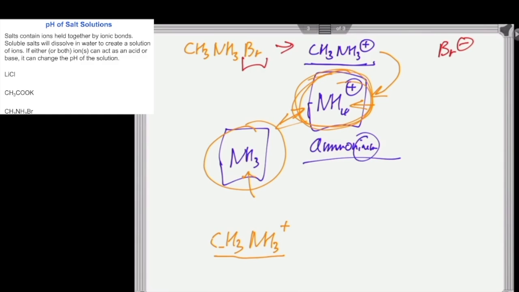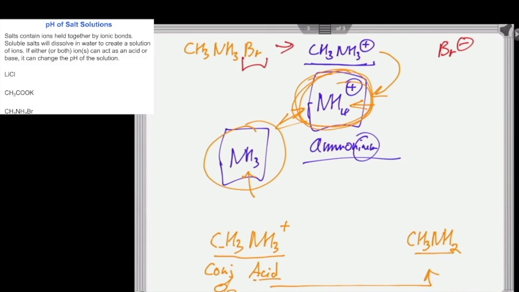Well, it will have a conjugate base. That's true. This is not a conjugate base. This is the conjugate acid of, the other side of the equilibrium would be CH3NH2. It is the conjugate acid of this species less 1 proton.